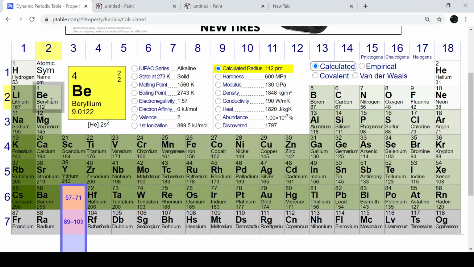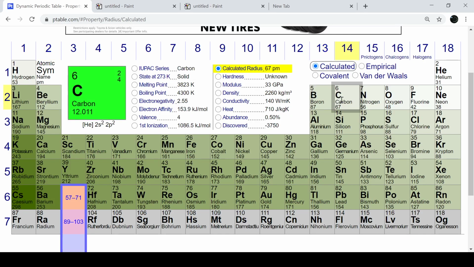Then as we go forward, we see that it gets smaller. Okay, beryllium has 4 protons pulling on the 2 energy levels. And so it gets smaller. It goes from 167 to 112. And then it gets to 87, then 67, 56, 48, 42, then finally to 38. Okay?